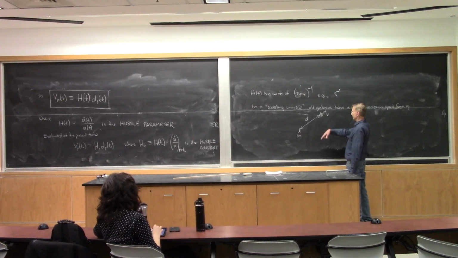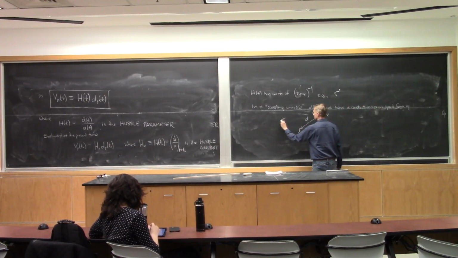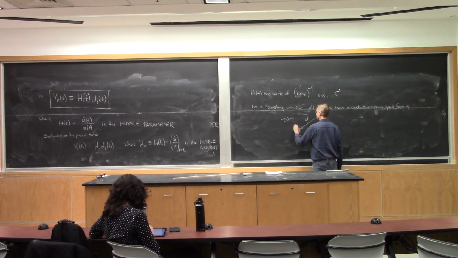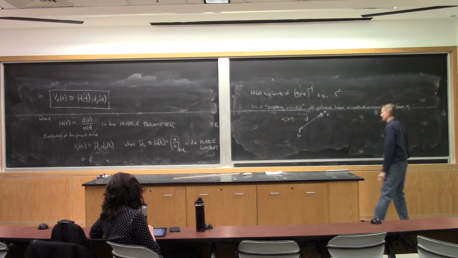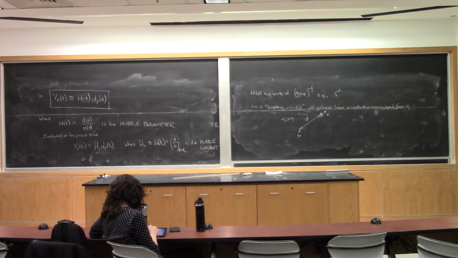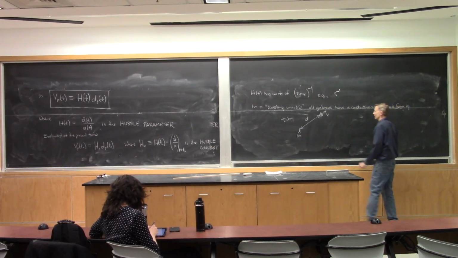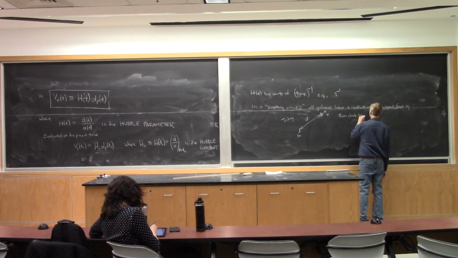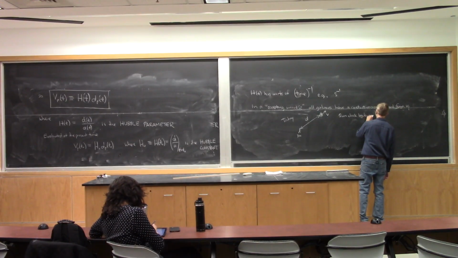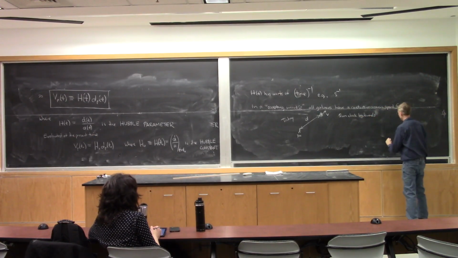So here's this galaxy. Let's say we're doing this today. This will work whenever we do this. There's this galaxy, a distance d from us. It's moving away from us at speed v. Run the clock backwards.